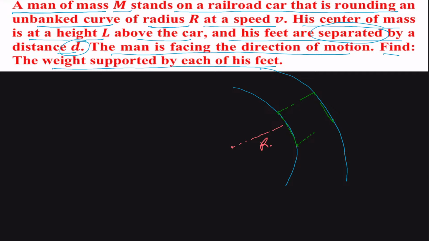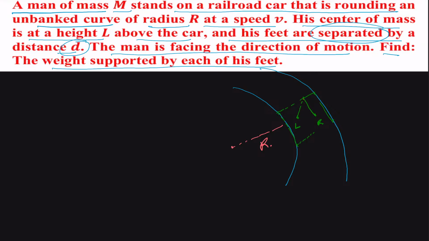And the person standing on it, it is difficult to draw the person. Okay, let me try it. So the person is standing on it such that his feet are at a distance. Suppose this is his left foot and this is his right foot, and he is standing somewhere like this.